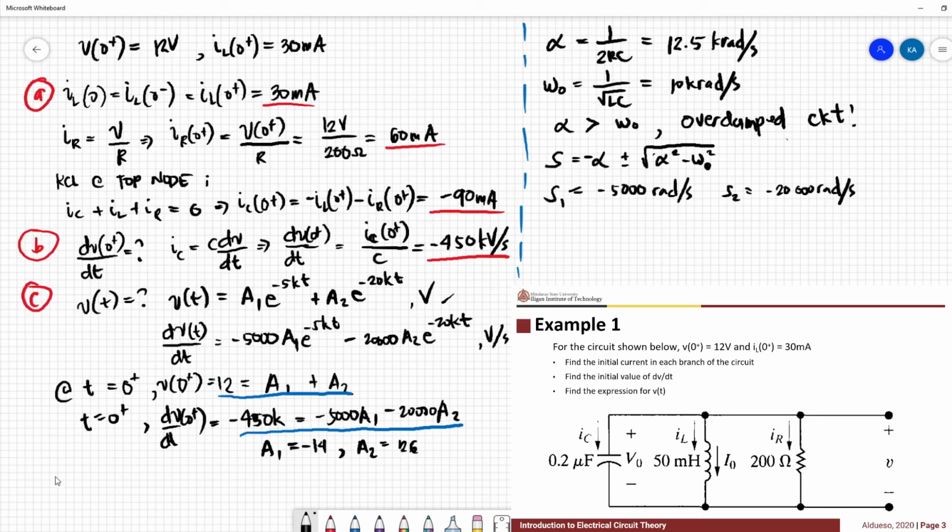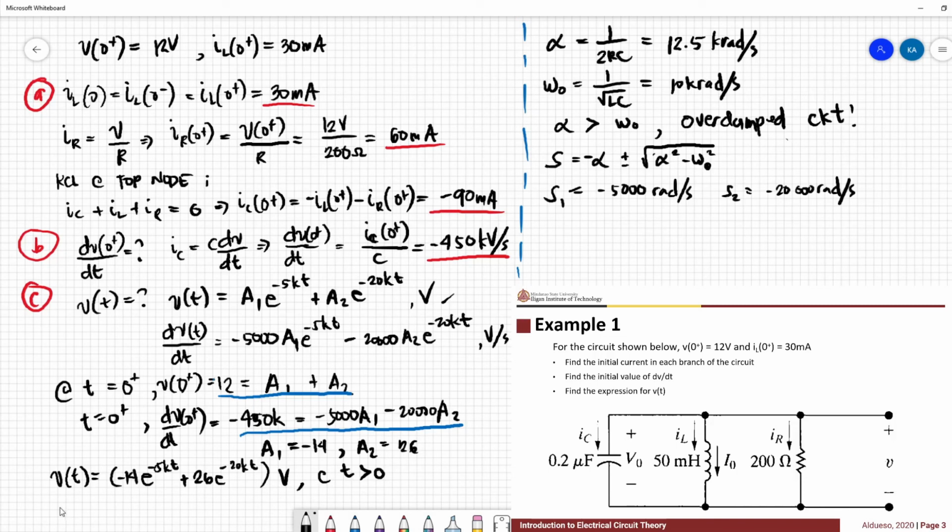So finally, our V of t is equal to negative 14 e to the negative 5k t plus 26 e to the negative 20k t volts at t greater than 0.